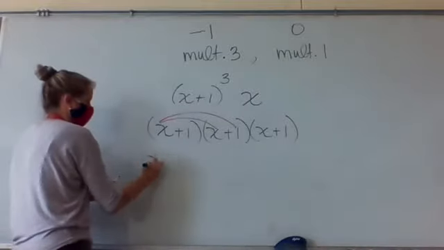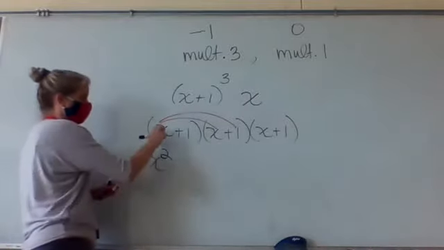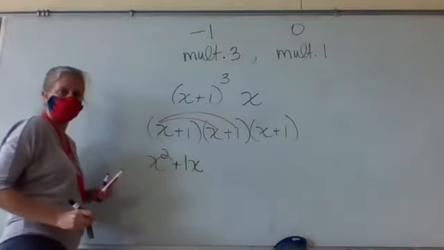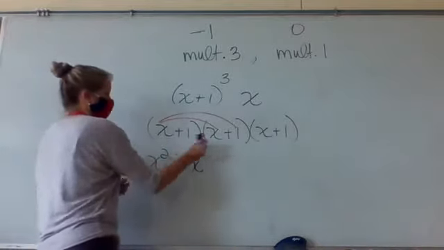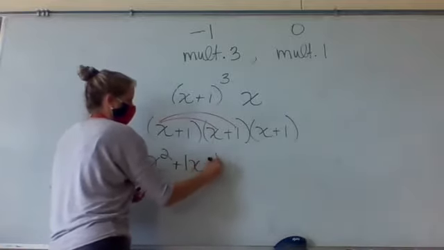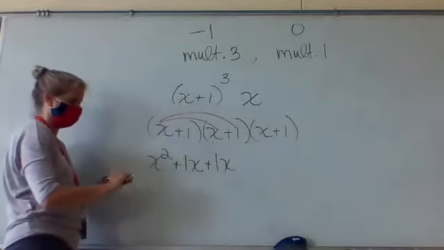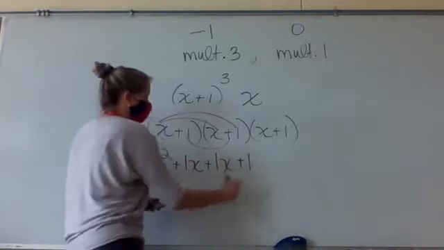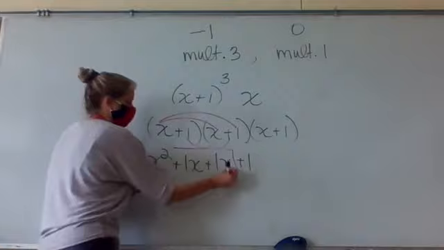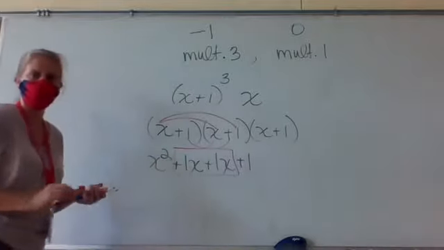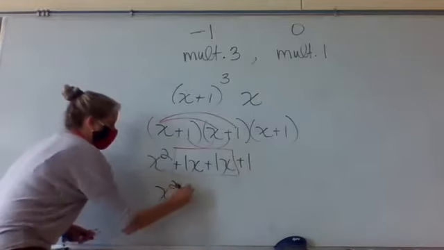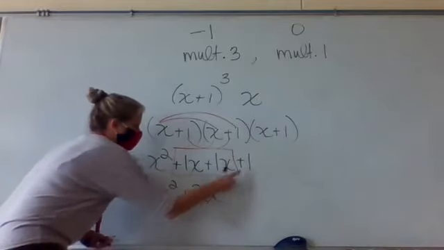X times x, x squared, x times 1, 1x. 1 times x is another 1x. And my last 1 times 1 is 1. Put your x's together in the middle. So you'll have x squared, 1x and 1x is 2x, plus 1.